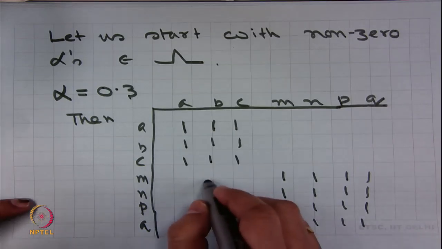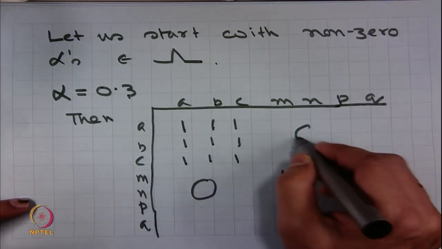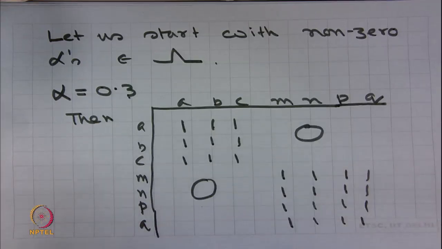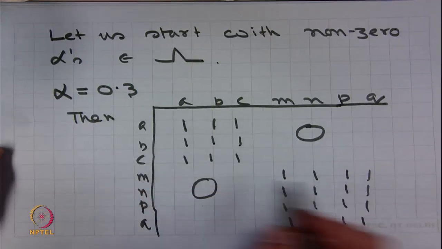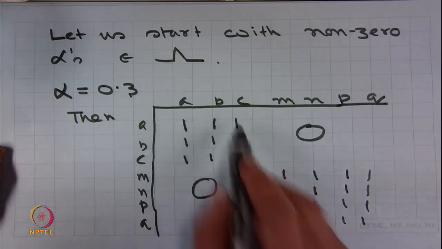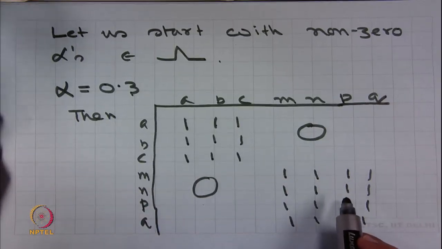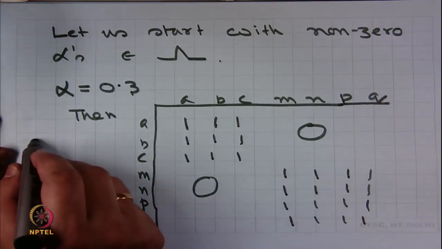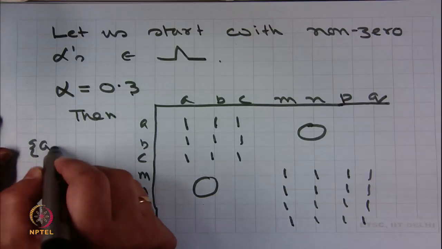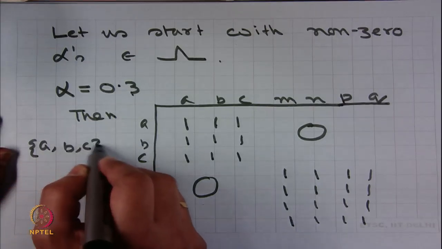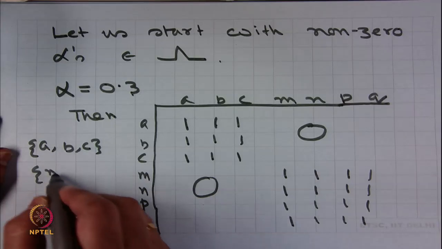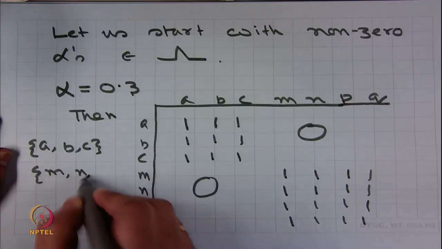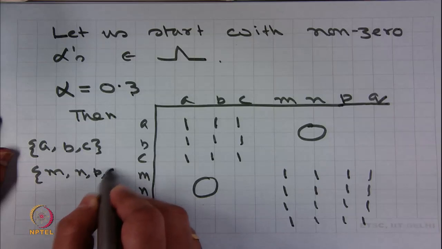And the rest are going to be 0. And it is very clear that these are two different equivalence classes. Therefore, we get the two classes to be A, B, C and M, N, P, Q.